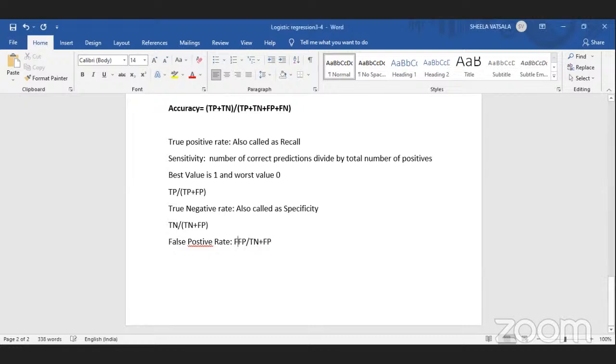Okay. Please make a note of this. False negative rate. False negative by TP plus FN. Okay.